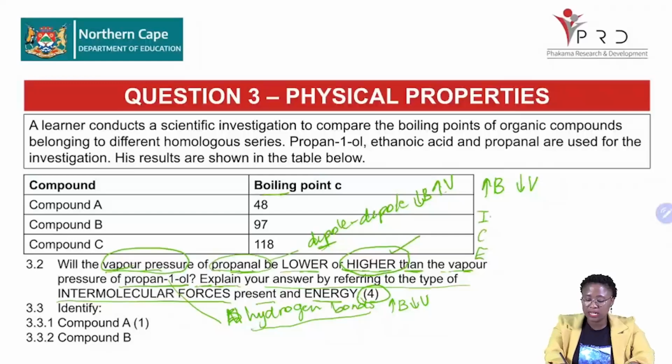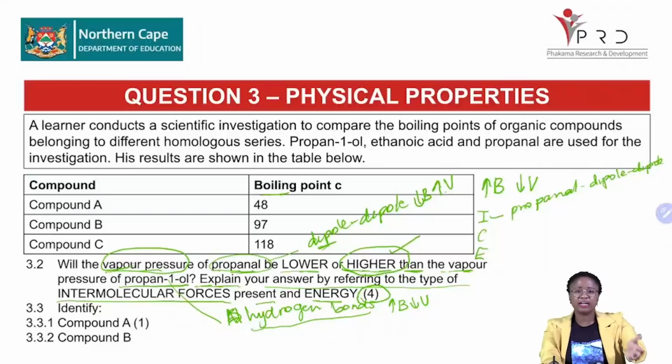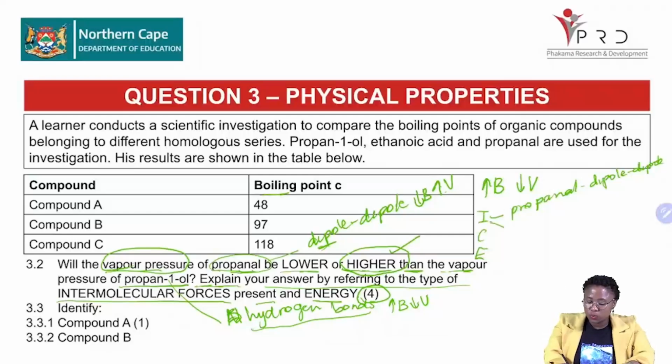Remember, you must talk about the intermolecular forces that are present. So which intermolecular forces are present in propanol? Propanol has what type of intermolecular forces that are more dominant? We have dipole forces, with the London forces, of course. Then what do we have under propan-1-ol? Under propan-1-ol, I have hydrogen bonds.